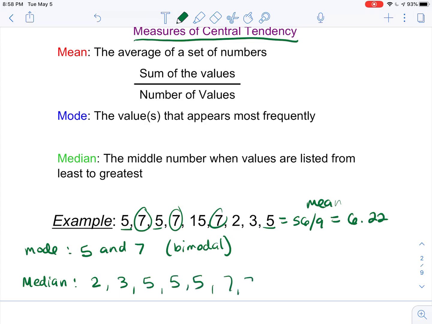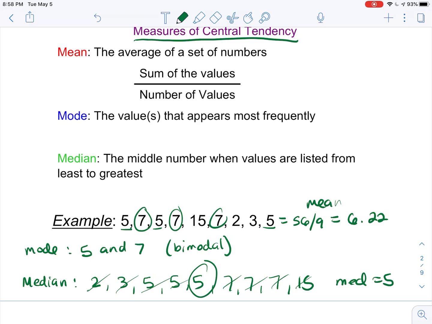And finally, we have our median, which is our middle number. Now, in order to do this by hand, we need to list our numbers from least to greatest. So that's 2, 3, 5, 5, 5, 7, 7, 7, 15. We want to find the value that's exactly the middle. So I typically cross my numbers out in pairs. So that's 1, 2, 3, 4 pairs, leaving 5 directly in the middle.